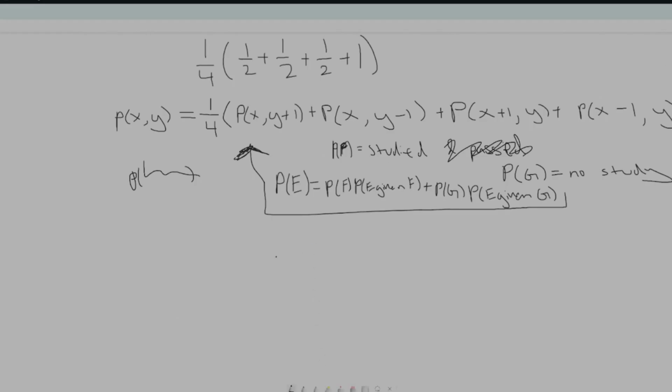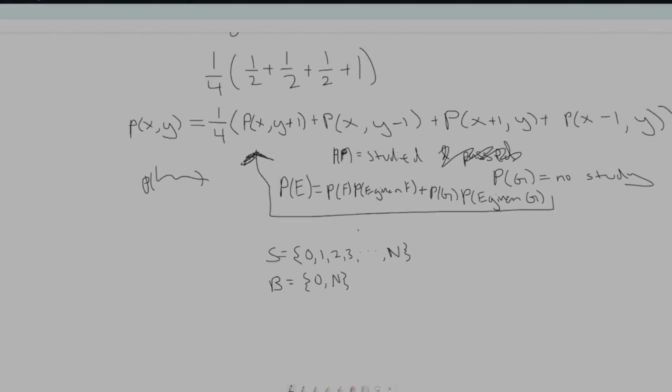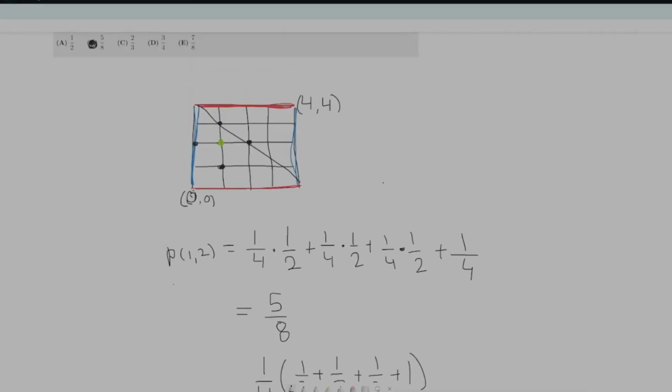Here, I'll go over more of it. If you have a set of elements, let's call it S, and the elements are 1, 2, 3 to N, and then you have a boundary set. Like in our frog problem, our boundaries were the vertical and the horizontal walls.